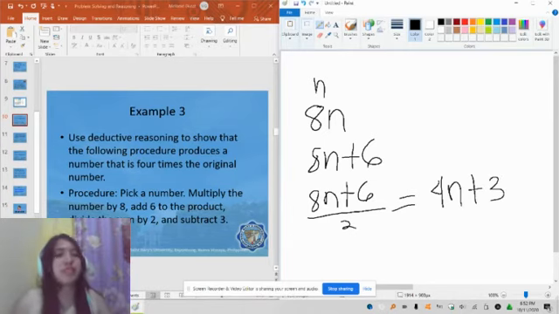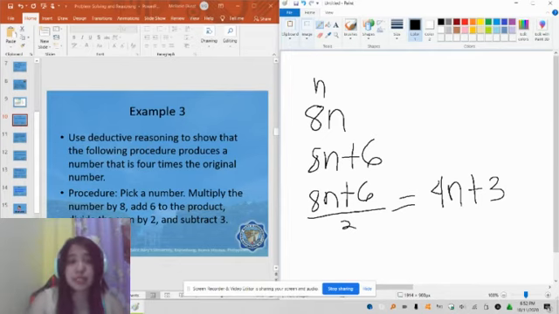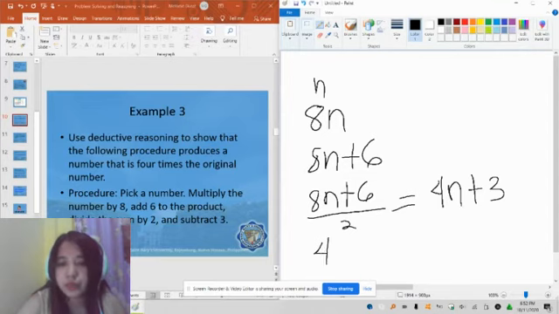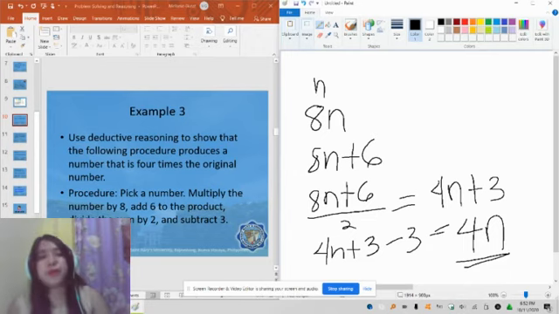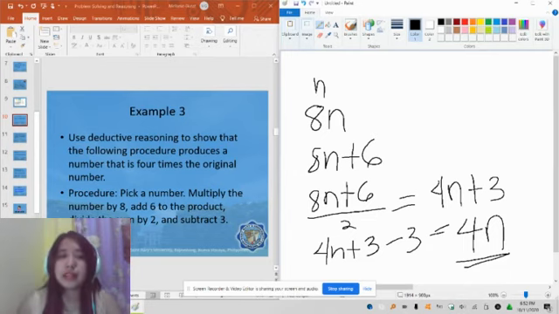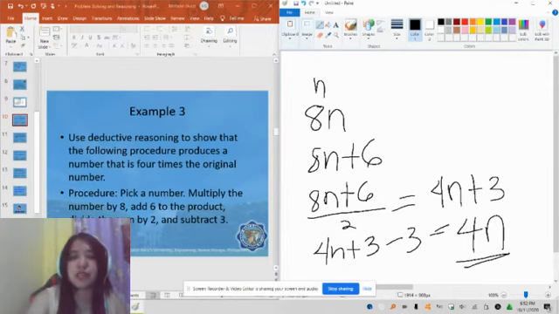So we have 4n plus 3. And the last step, subtract 3. So 4n plus 3 minus 3 is equal to 4n. So here we were able to conclude that the number that is produced is 4 times the original because this is 4n. So the method used is deductive reasoning.